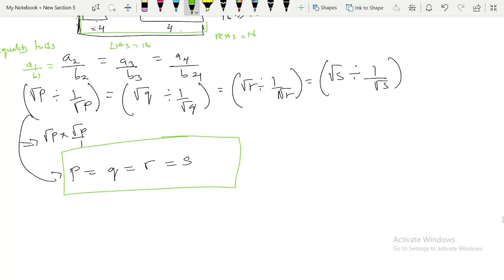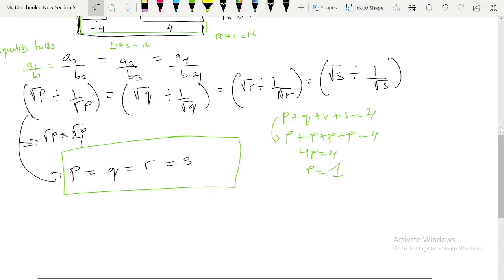And we know that P plus Q plus R plus S is 4, so since they are all equal, we can write this as P plus P plus P plus P equals 4. That is 4P equals 4, and that means P equals 1, right? So all four roots of the equation are 1.